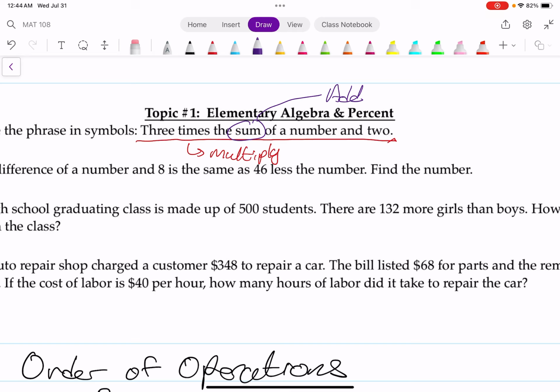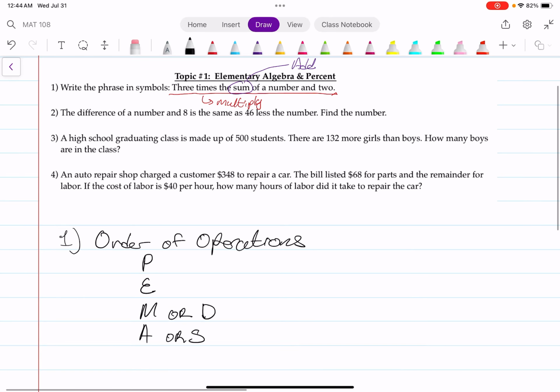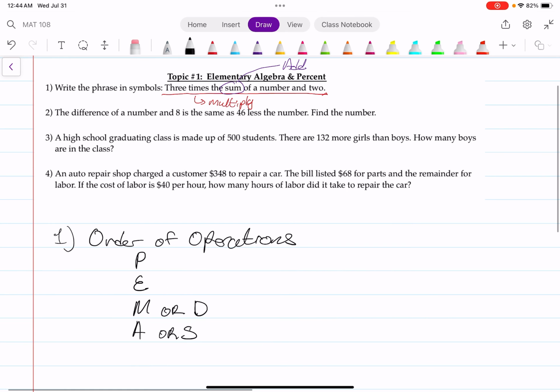Now, when you're reading this, it says 3 times the sum of that number and 2. So that 3 is being multiplied to the addition between a number and 2, because the 3 is being multiplied to both the number and 2, and it's being multiplied to that sum.